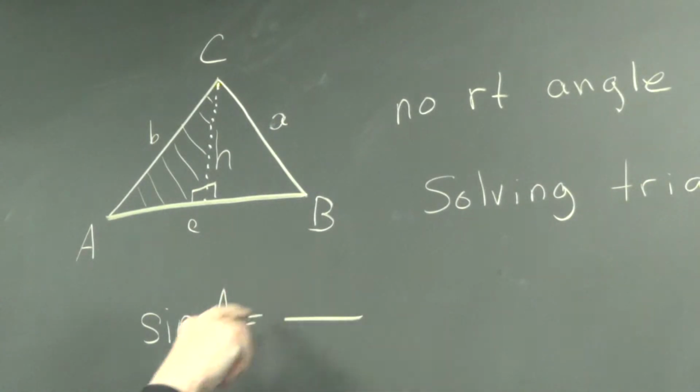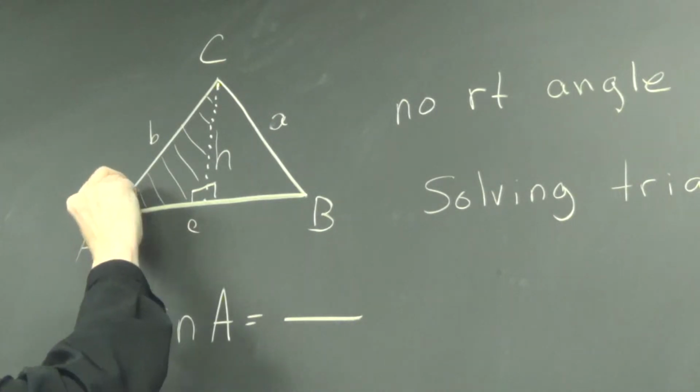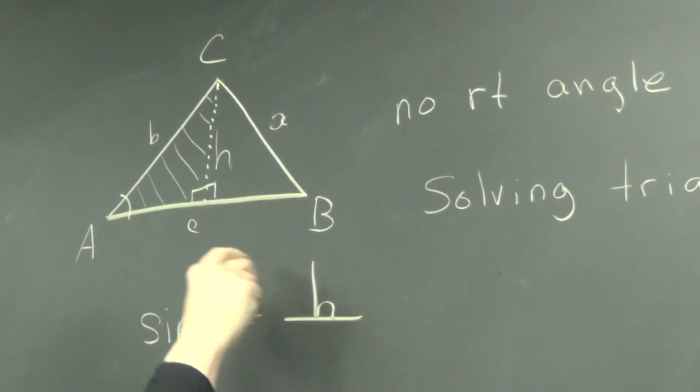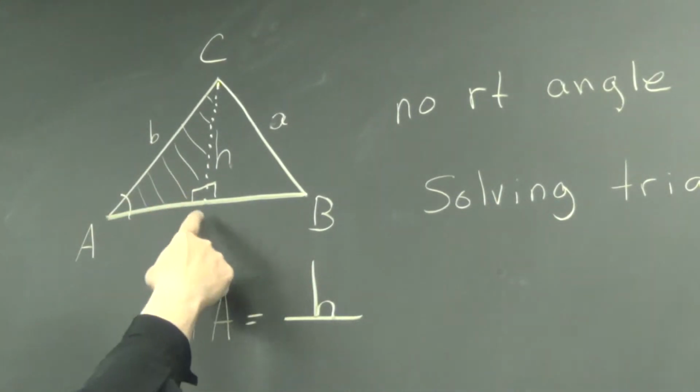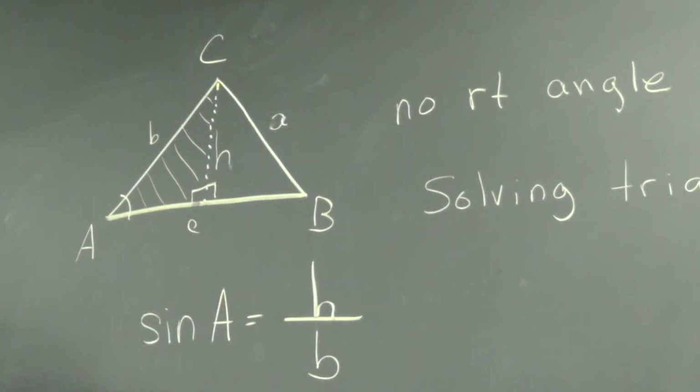Knowing that sine is opposite over hypotenuse, did you write opposite A, H, over hypotenuse, B, which is always the side across from the right angle? Did you get that before I did? Hopefully.